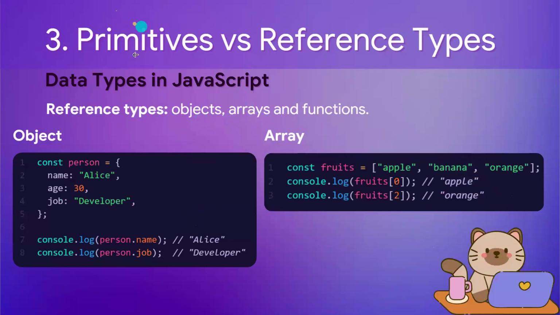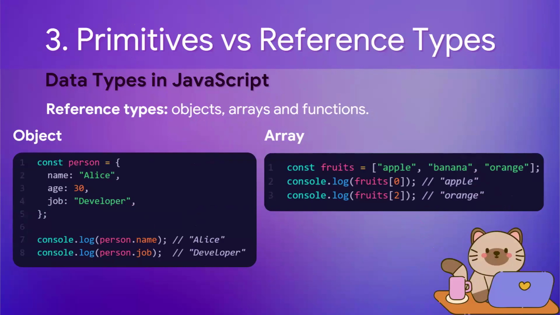And well, about primitive versus reference, in this case, about the reference types, we also have objects, arrays, and functions. An object, as we saw before, is like having a box and inside having a lot of elements.